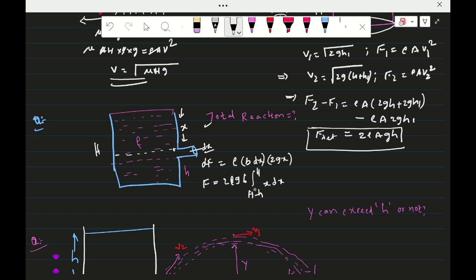So that equals x square by 2. Now this will be taken common. So finally the reaction force is equal to, after substituting and taking the LCM, the final formula 2 rho g into b.